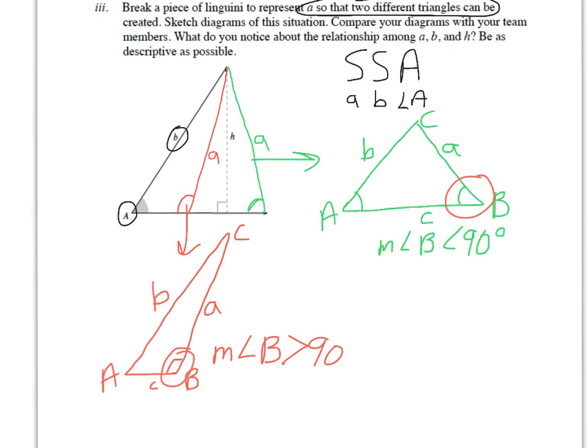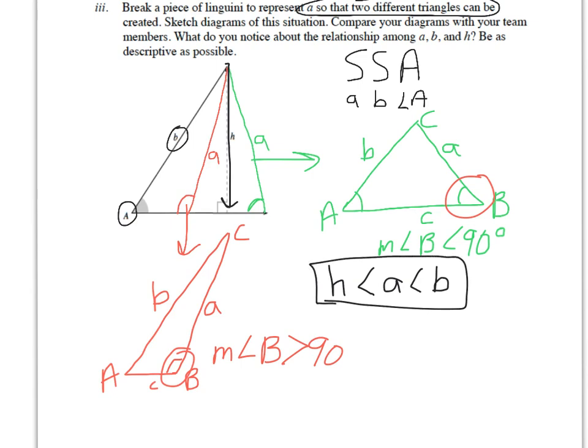Additionally, we know that A has to be less than side B. So side A has to be less than side B, but it has to be greater than H, where H is that distance from the end of B to the base. This is a critical component for us to create the ambiguous case.